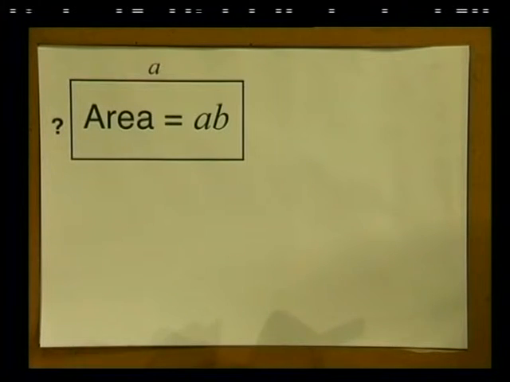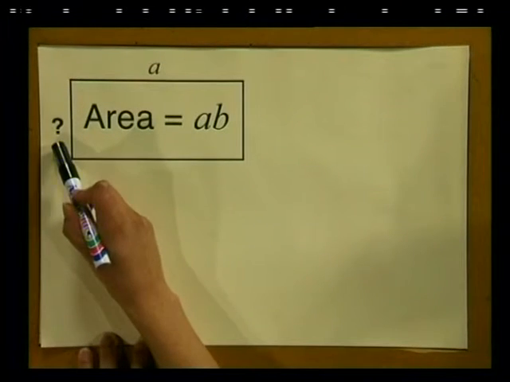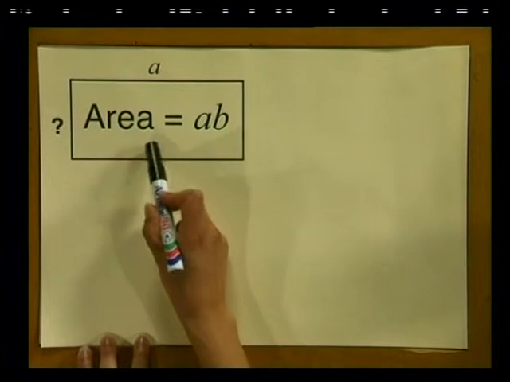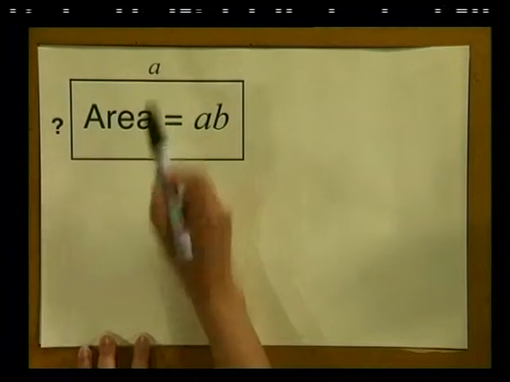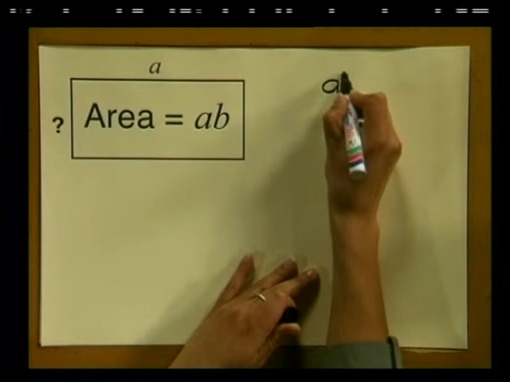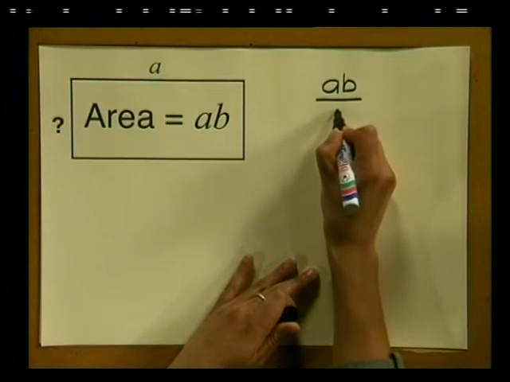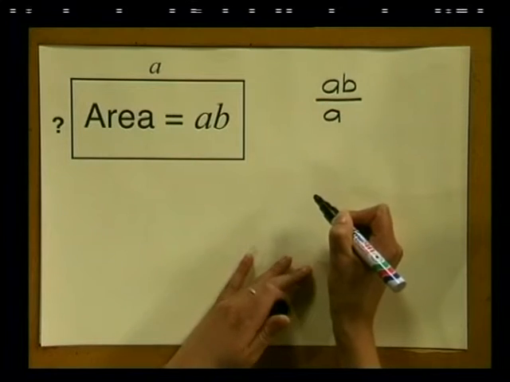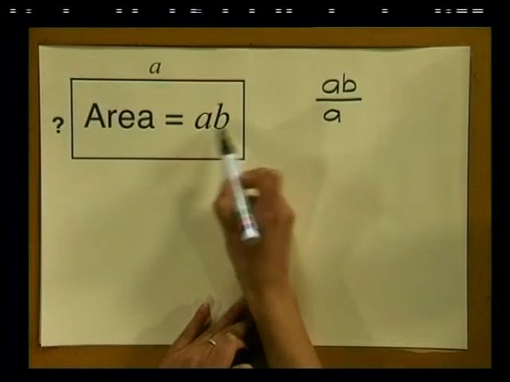As we did before, to get the length of the unknown side, we have to divide the area by the known side. So, we divide AB divided by A. Now, what are the factors of our product AB?